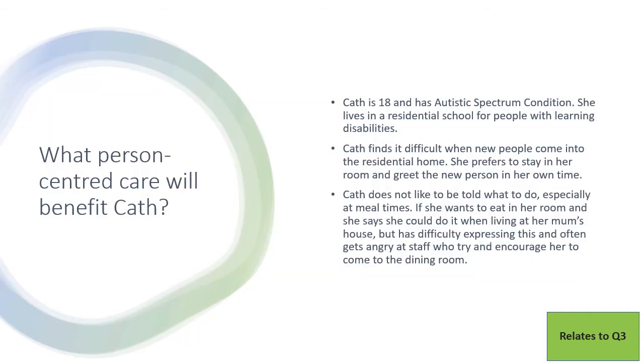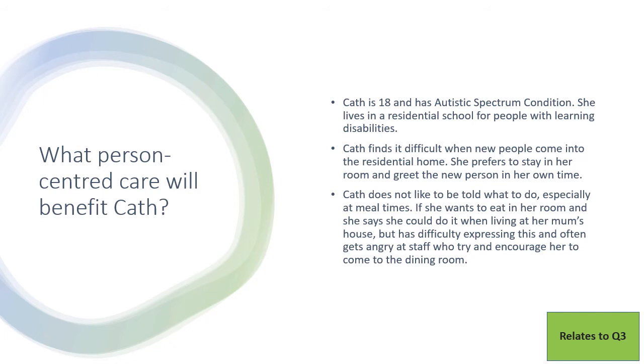Okay, so we're now going to look at Kath, and we're going to look at what person-centered care Kath will benefit from. So Kath is 18 and has autistic spectrum condition. She lives in a residential school for people with learning disabilities. Kath finds it difficult when new people come into the residential home.